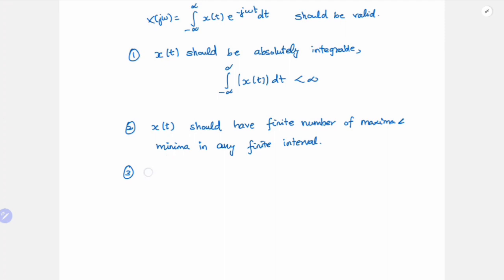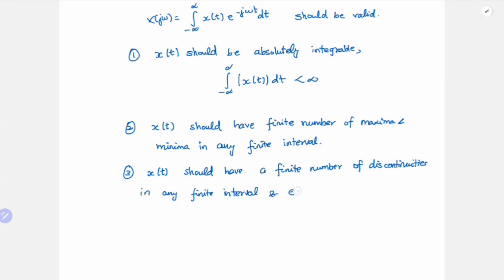And third, we have the discontinuity. So x(t) should have a finite number of discontinuities in any finite interval and each discontinuity should be finite.